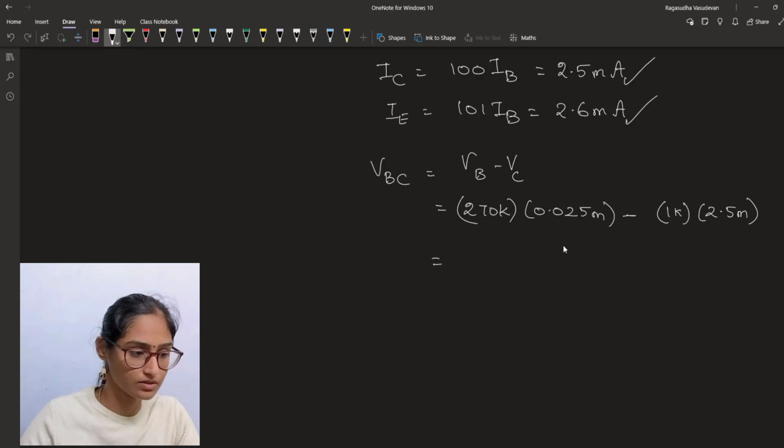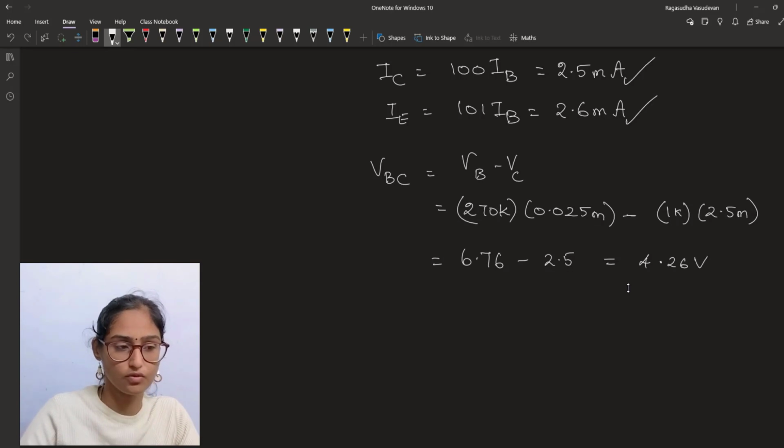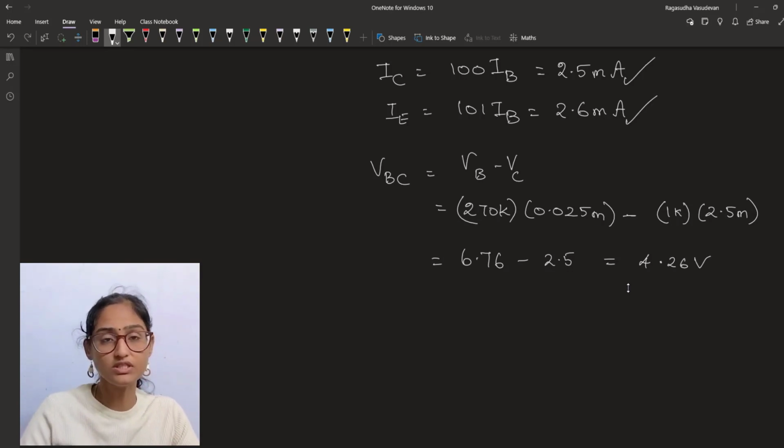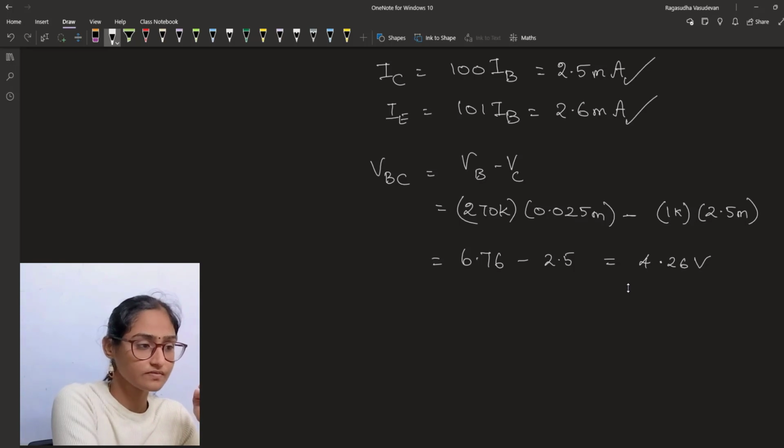So this is equal to 6.76 minus 2.5, 4.26 volt. The base collector voltage is 4.26 volt, which means the base is at a higher potential than the collector terminal.